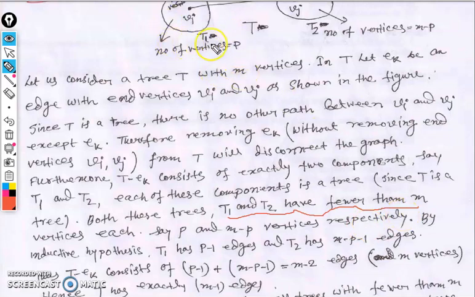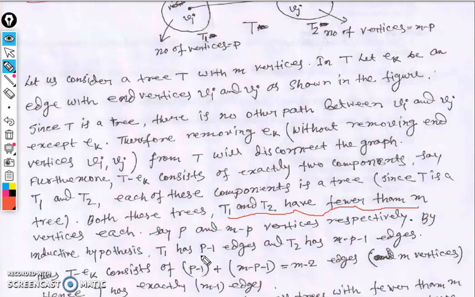Therefore, according to the theorem, in the component T1 the number of edges should be p minus 1, the number of vertices minus 1. We assume the result is true for n less than m.